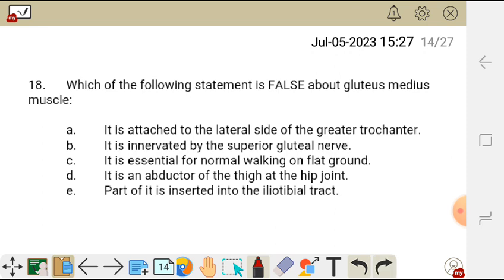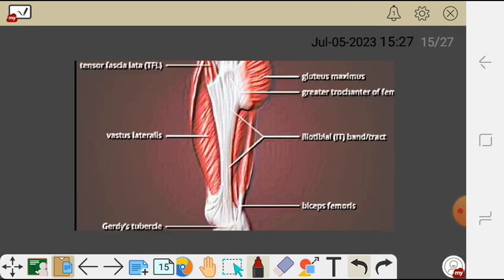Okay, so which one of these is false about gluteus medius? E is false, because gluteus medius does not insert in the iliotibial tract. In this diagram, we can see this part here is what we call the iliotibial tract.